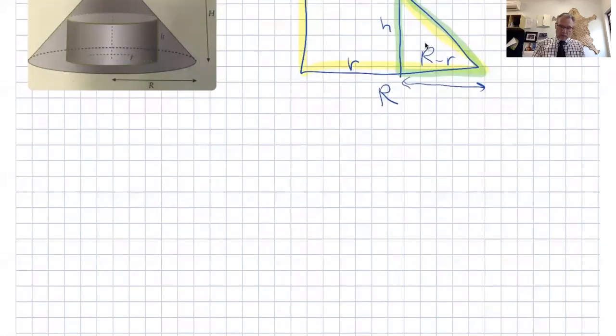Now the volume of a cylinder is pi r squared h.